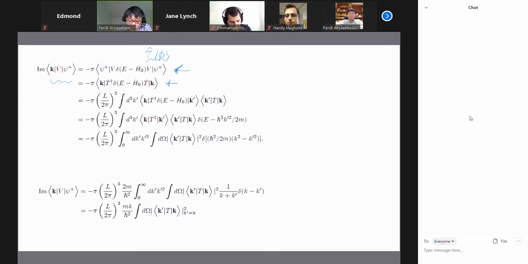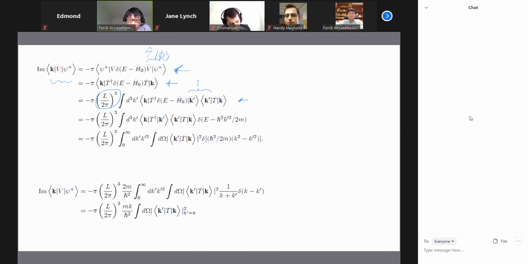So we introduce then a complete set of states here. This is the momentum eigenstates, which are eigenstates of H0. Yes, they are free particles. So we just insert a complete set here. So that's one. If you have to integrate over K prime, of course. And then we should not forget the density of states in K space, which is given by L upon 2 pi to the cube. And so we are here in the third line here.